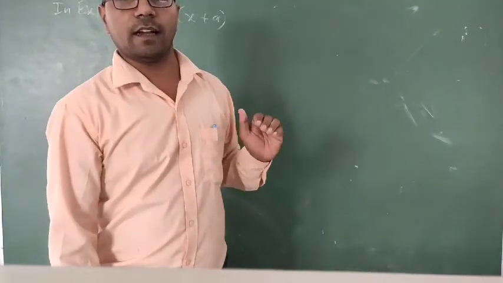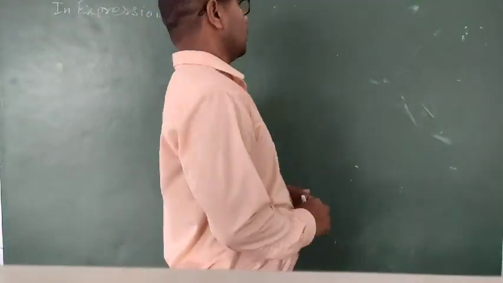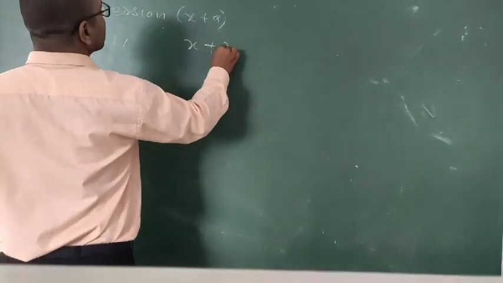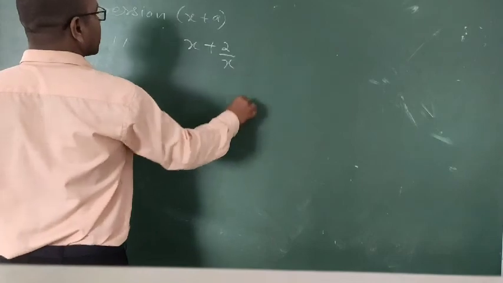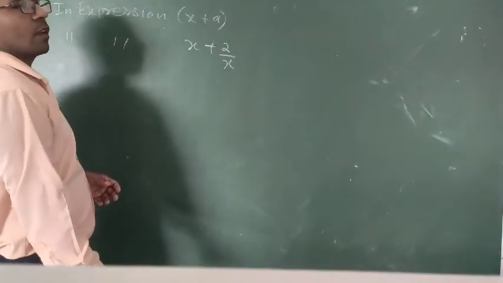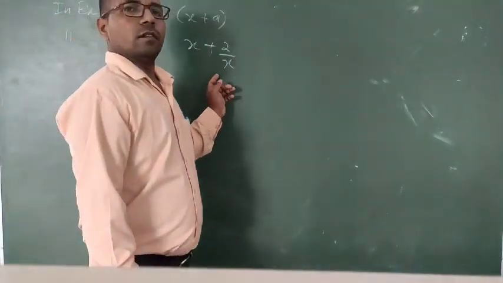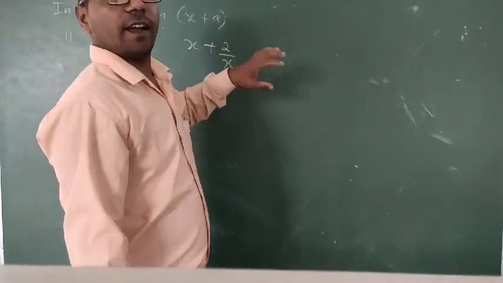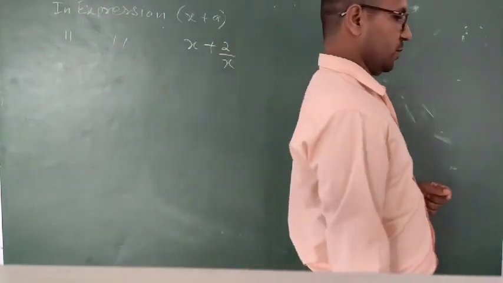If you take the expression x plus 2 upon x, that means x is one term and 2 upon x is the second term.